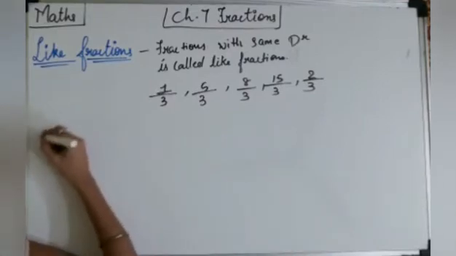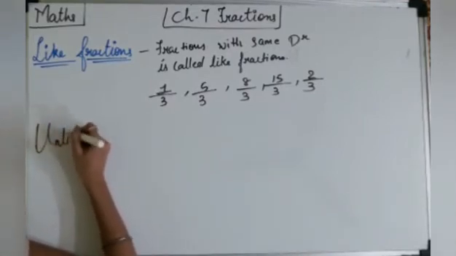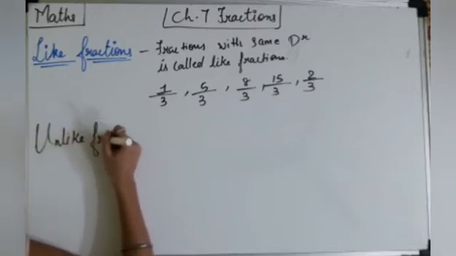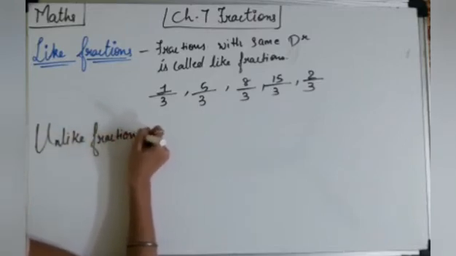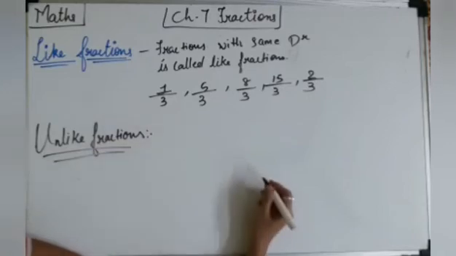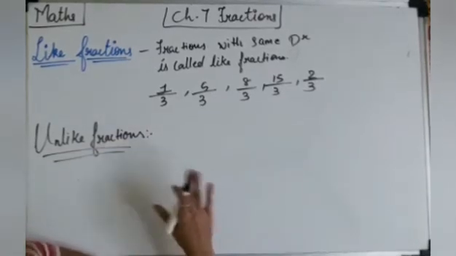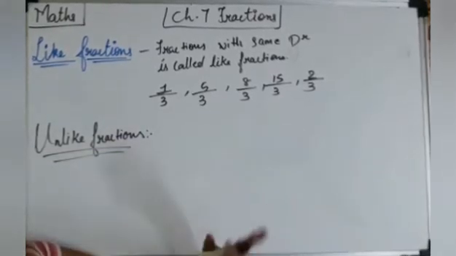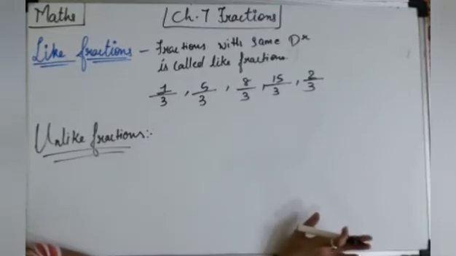Now we'll make 5 pairs of unlike fractions. In this, the denominator should not be same, then it is called unlike fractions.